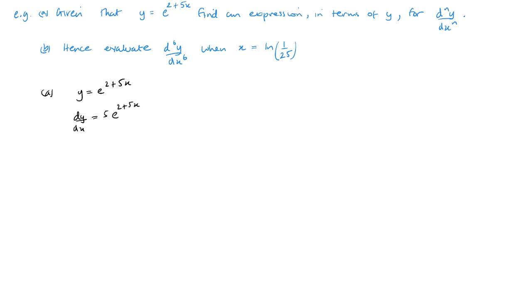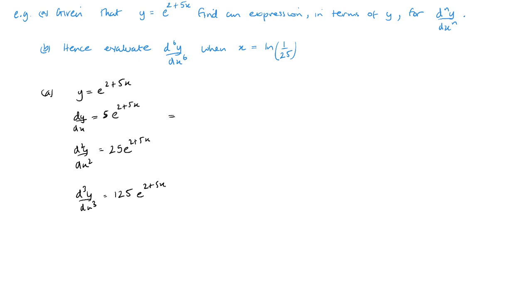That gives me 5e^(2+5x). Differentiating a second time, it's 5e^(2+5x) times 5, so it'll be 25. And a third time, I think I see the pattern. It's going to be 125e^(2+5x).